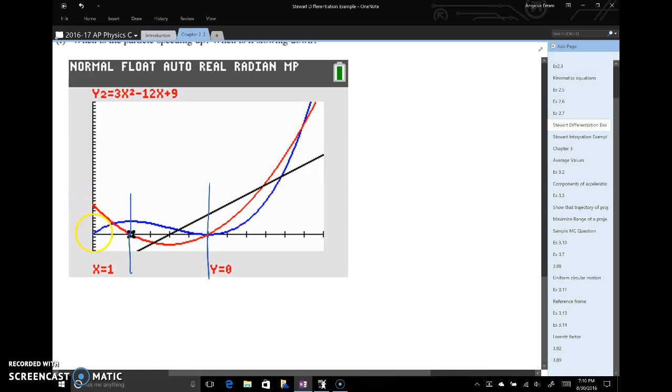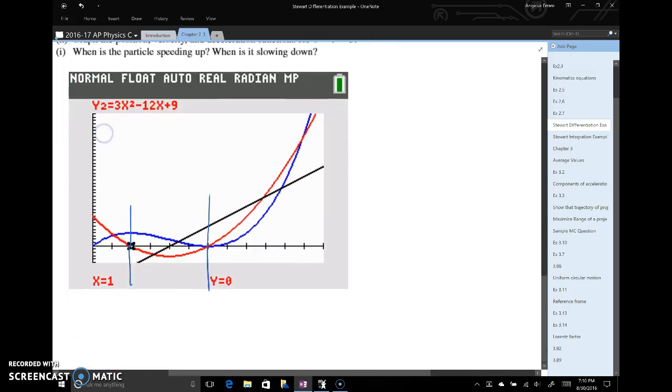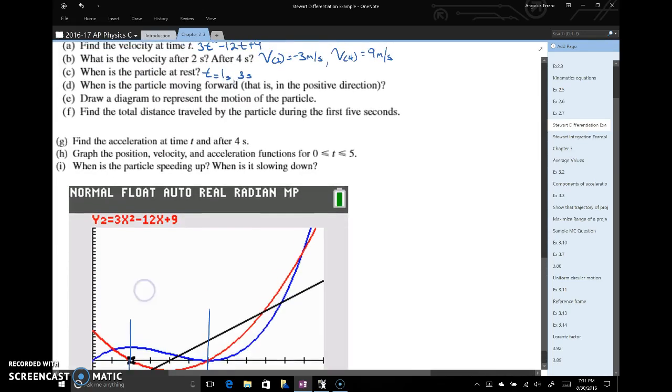And we can see that in the displacement graph because our position is increasing. Here in red, our velocity is negative, so we're moving backwards. And we can see that in the position graph here because we're returning back to the origin. And then again, moving forwards there. So they want to know the interval for which we're moving forward. That's going to be from 0 to 1, and then from 3 onwards.